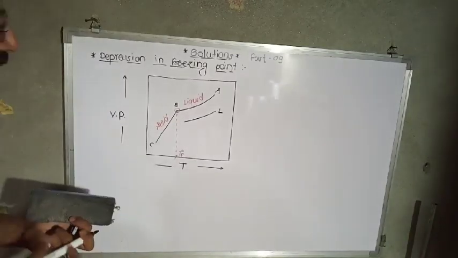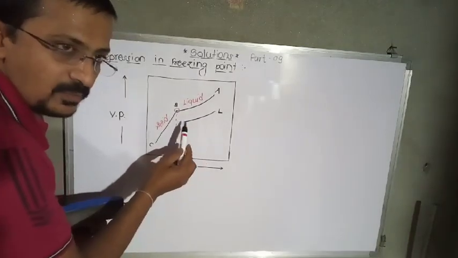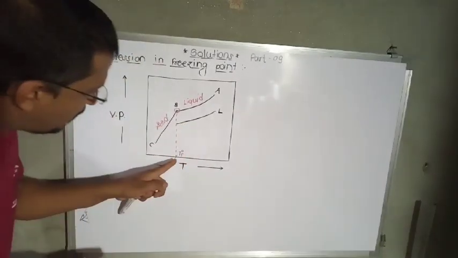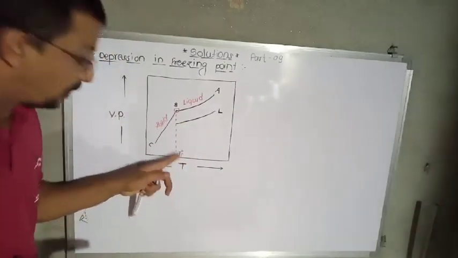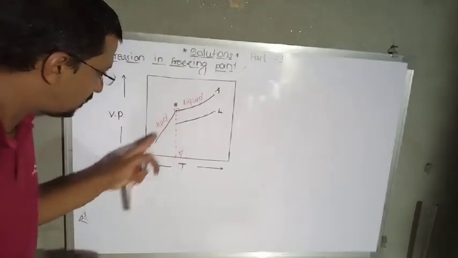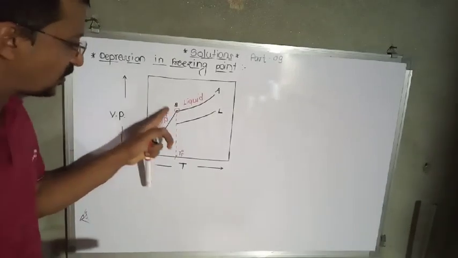So if you decrease the temperature of the solution, its vapor pressure decreases, it reaches temperature T naught F, but at T naught F it does not cross or match the BC line, which is for the solid compound.